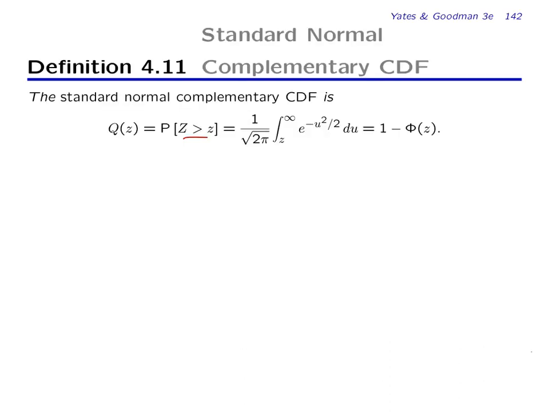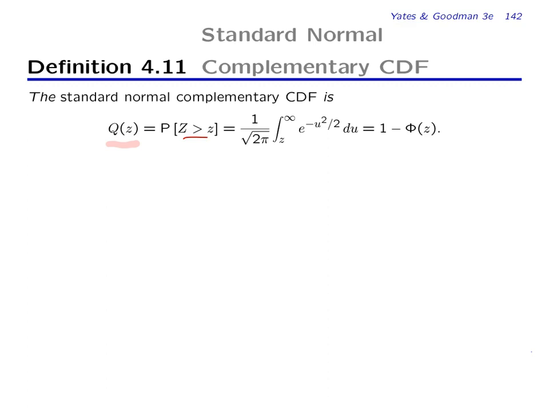To do this, we define something almost just like the phi function, but it's opposite, and we call this function the Q function. So for positive z, where z is the Gaussian 0, 1 random variable, the Q of z is the complementary CDF.